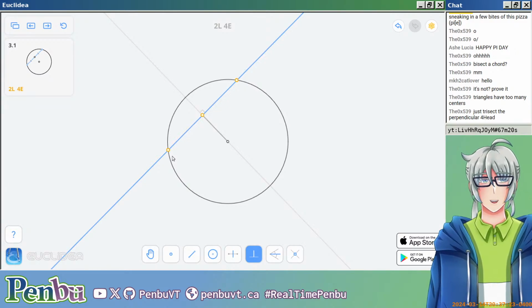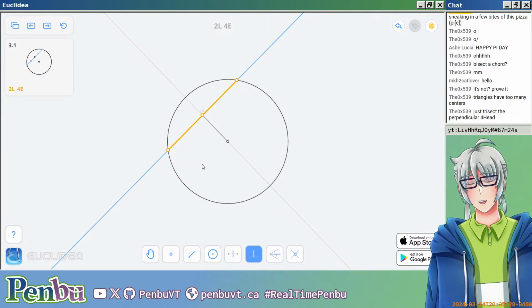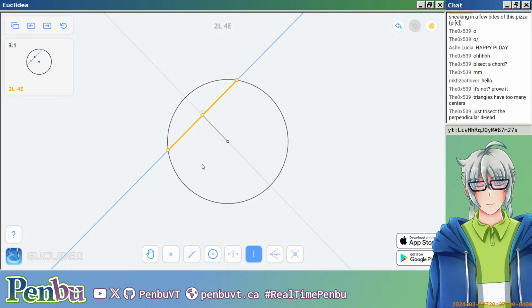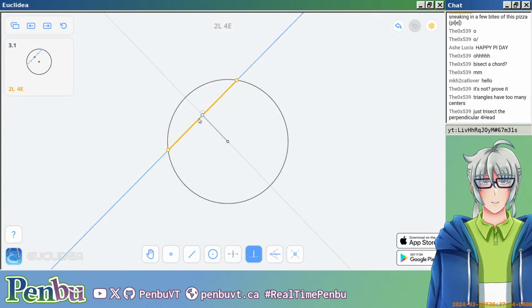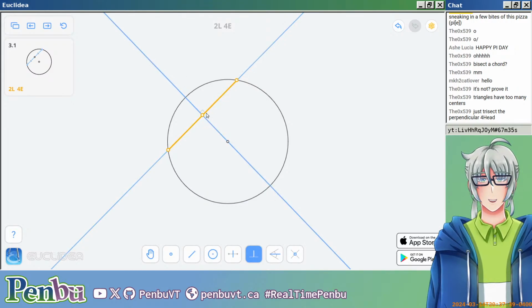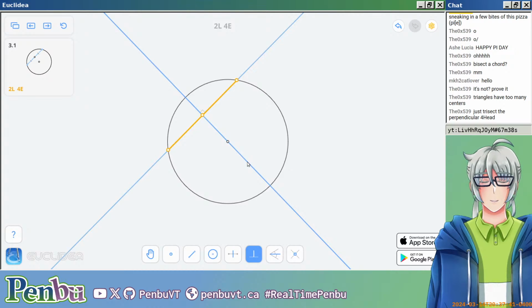Okay, so why does this work? So a chord is a line that passes through the circle at 2 points. And the midpoint of the chord will, because of how circles work, intersect with the radius of the circle.